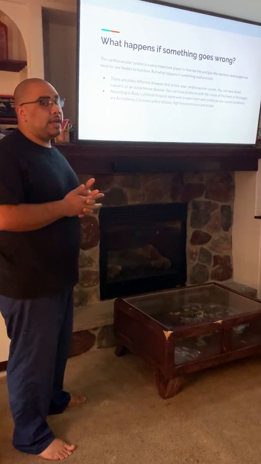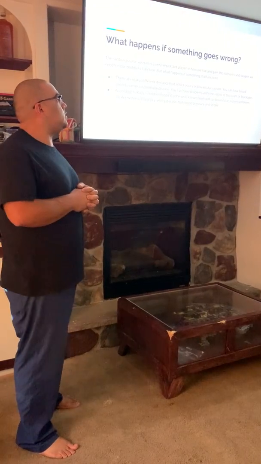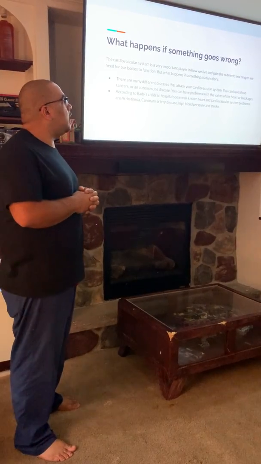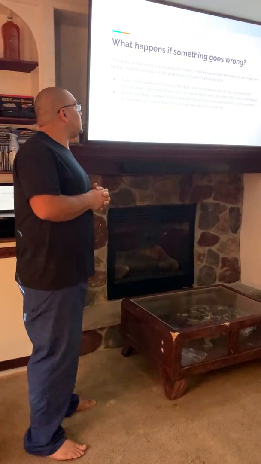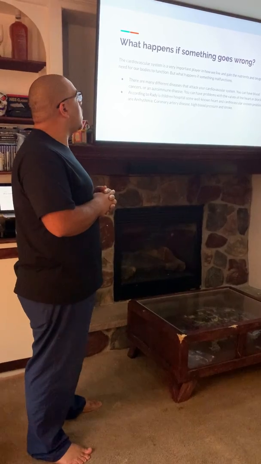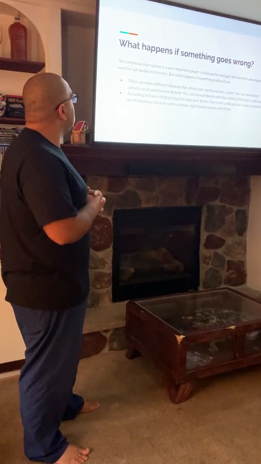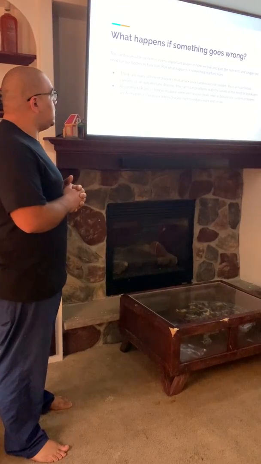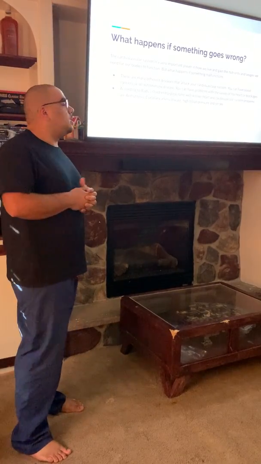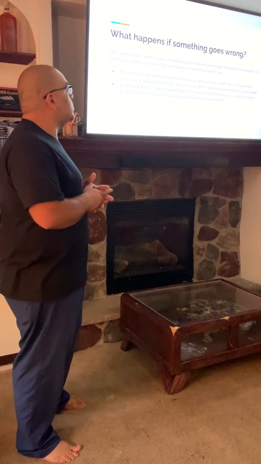You can have blood cancer or autoimmune disease. You can have problems with the valves of the heart or blockages. According to Rady Children's Hospital, some well-known heart and cardiovascular system problems are arrhythmia, coronary artery disease, high blood pressure, and strokes, which can happen due to blockages.